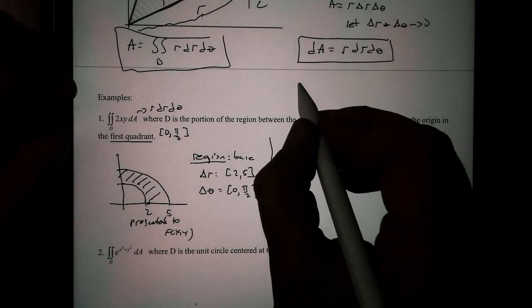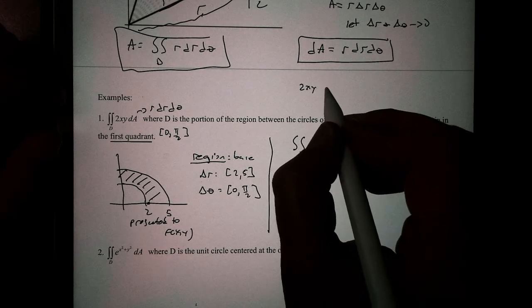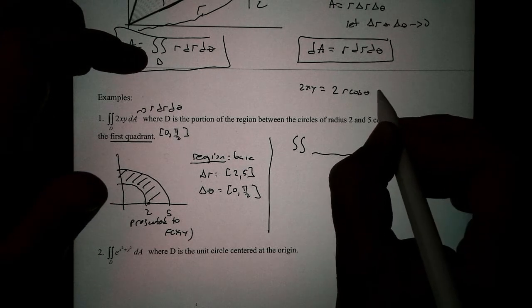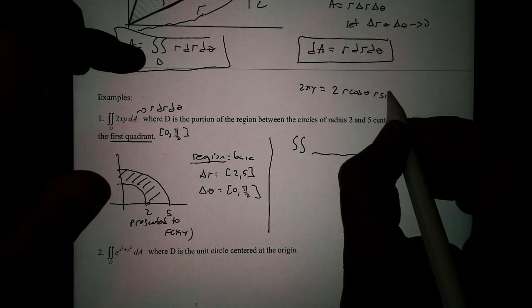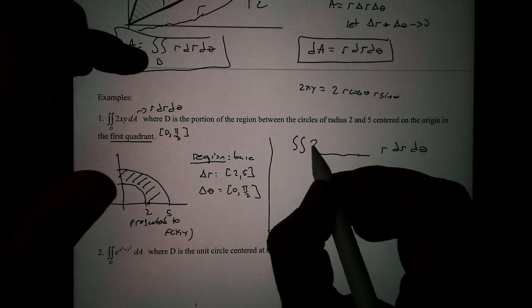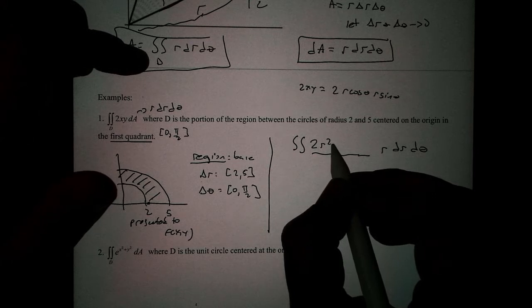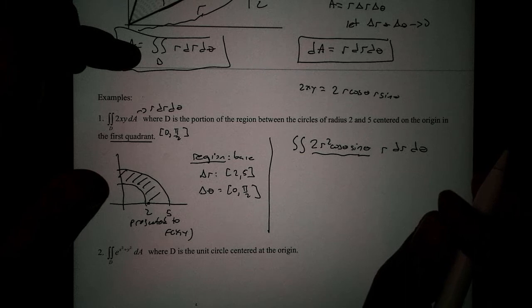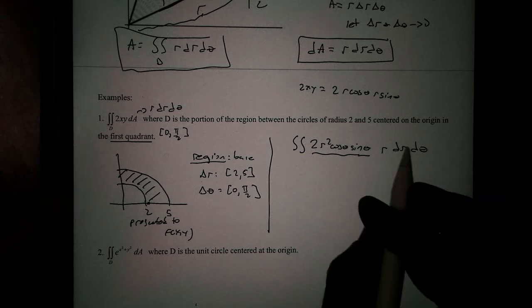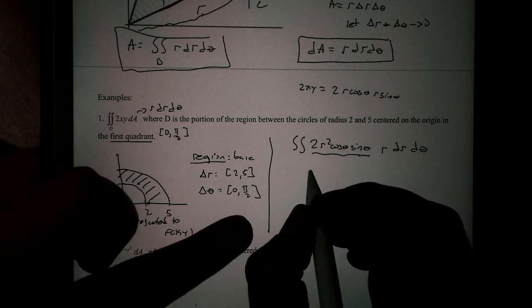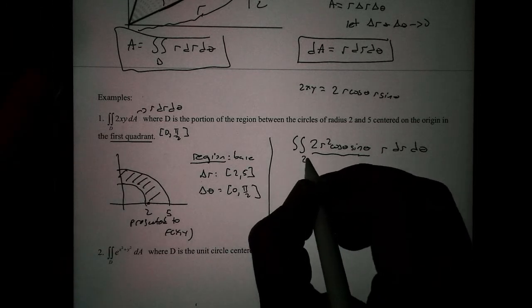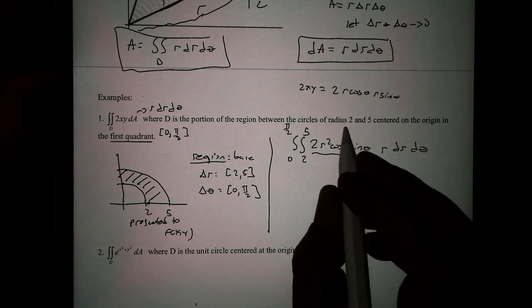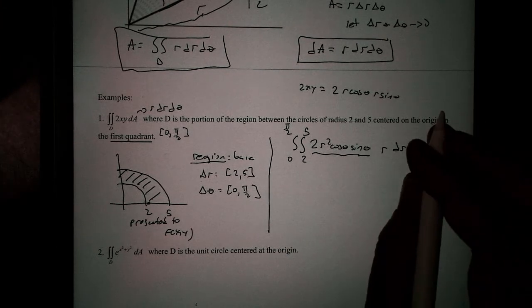This becomes 2 r cosine theta times r sine theta, or 2r squared cosine theta sine theta. And now my domains, my change in radius goes from 2 to 5, my change in theta from 0 to pi over 2. So there's my integral, and this is going to find us our volume.